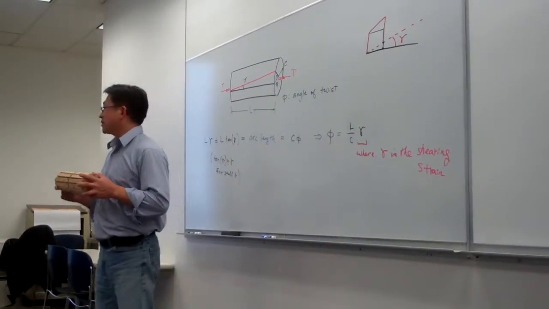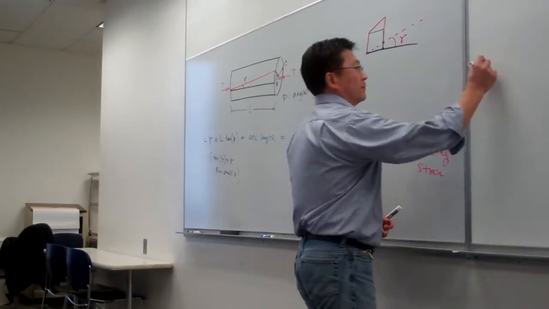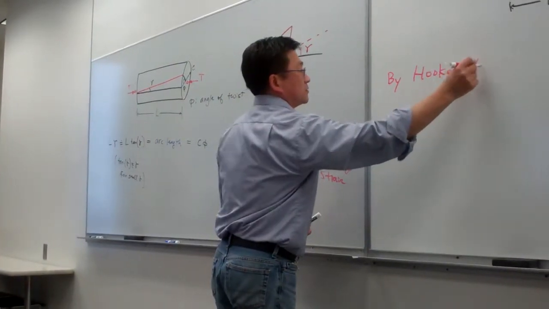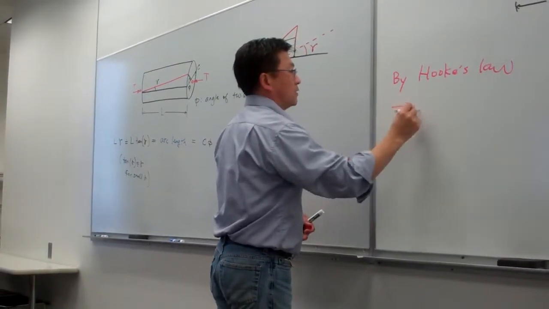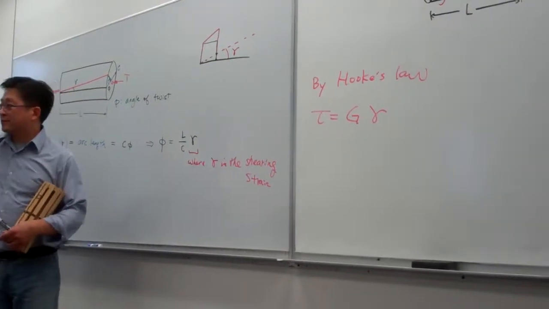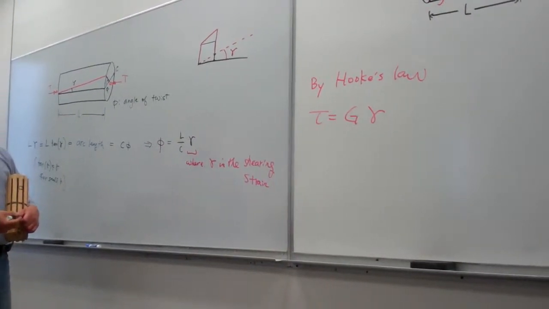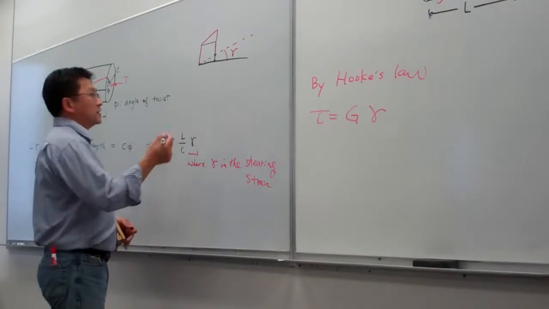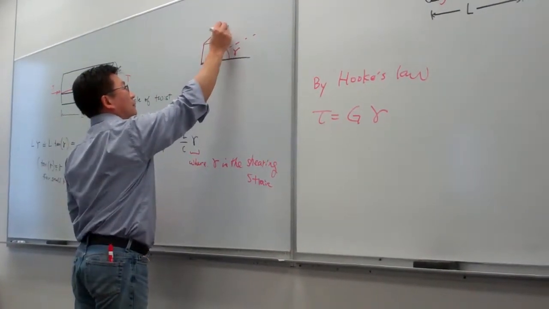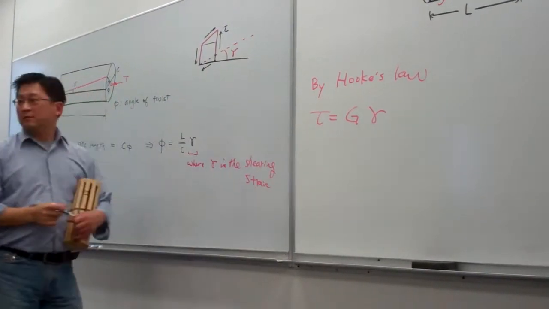Hooke's law means tau equals G times shear strain. So what is tau? So tau is here. Right?